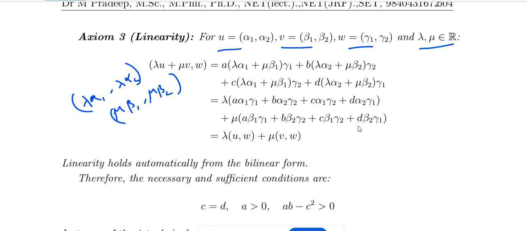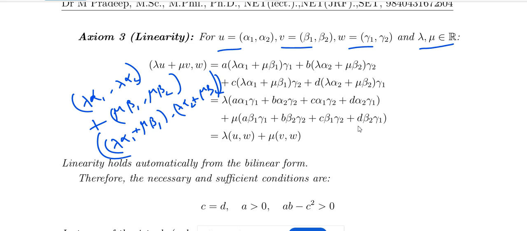When you add these, you get (lambda alpha 1 plus mu beta 1, lambda alpha 2 plus mu beta 2). So this is the idea.